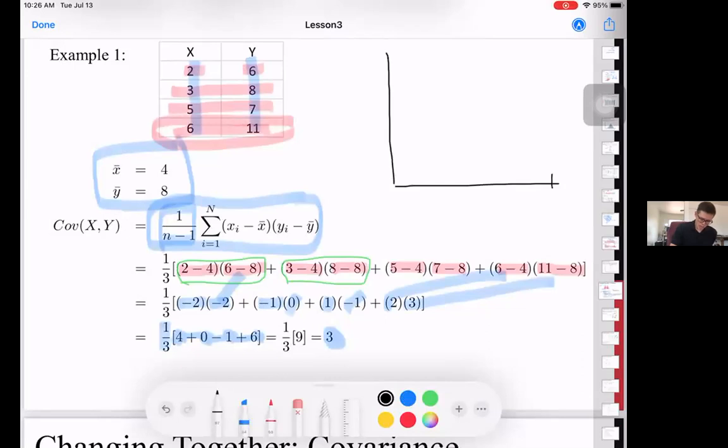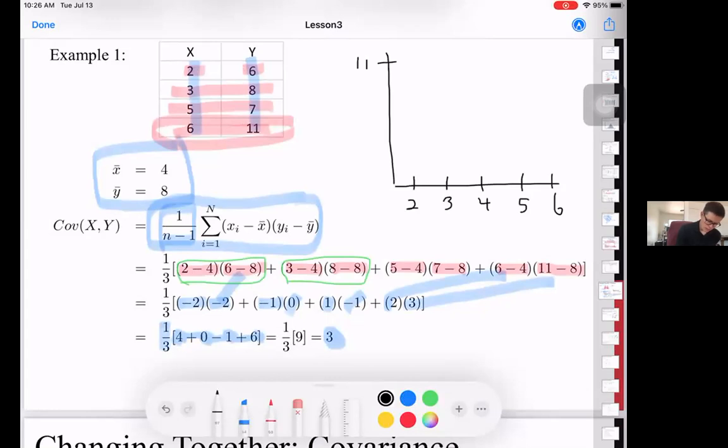So our highest value will be 6. Our smallest value will be 2. Let me see here. 2, 3, 5. Here, the largest value is 11.